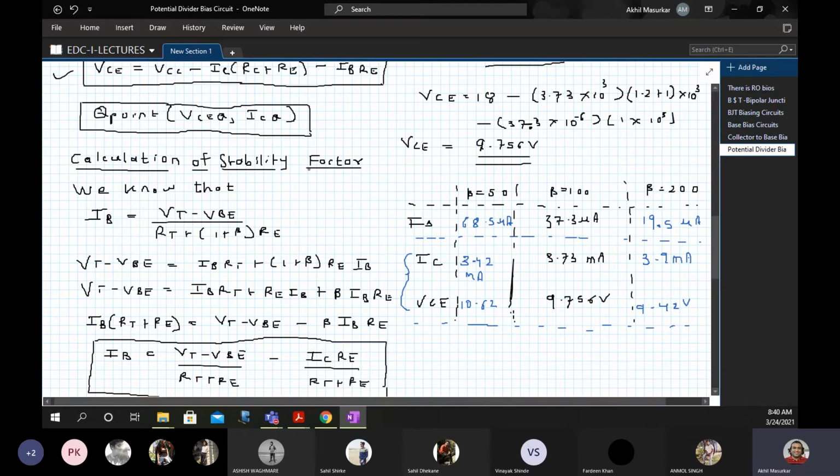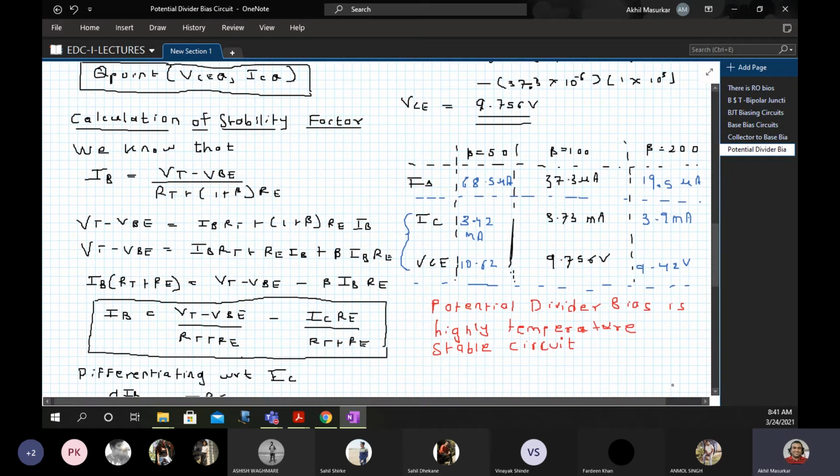So which means that potential divider bias is a highly temperature stable device. Answer: it is highly temperature stable. So the least variation in Q point.